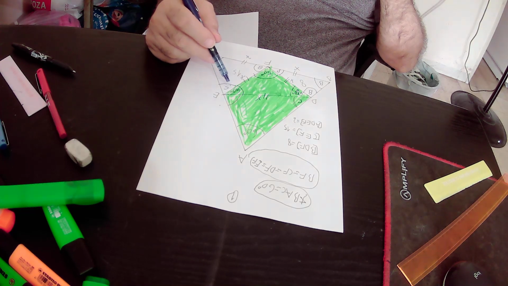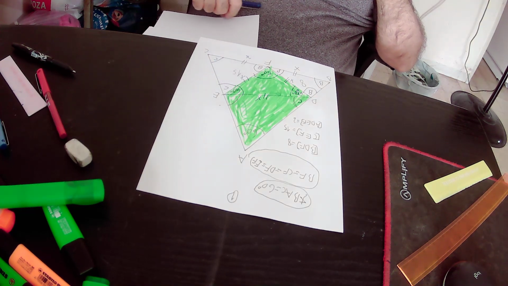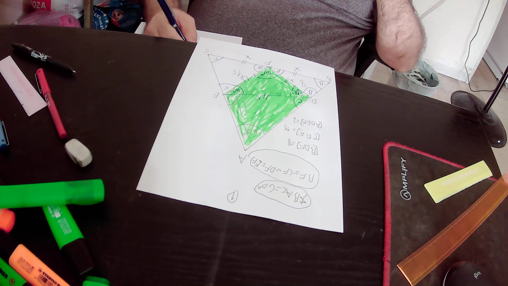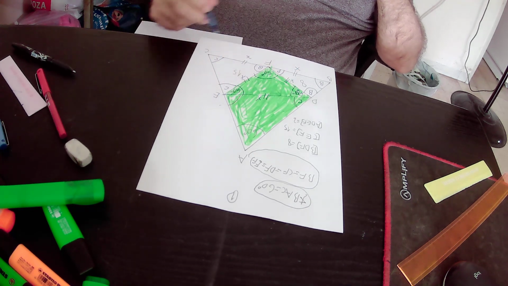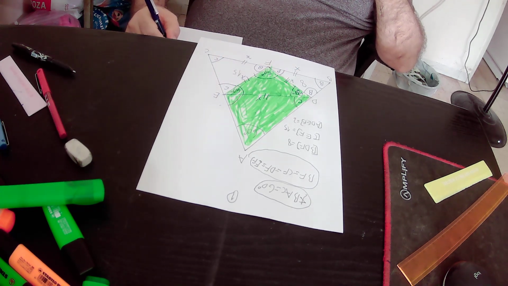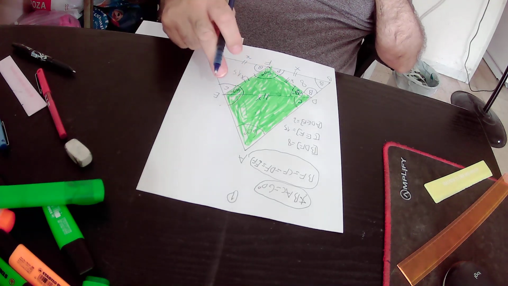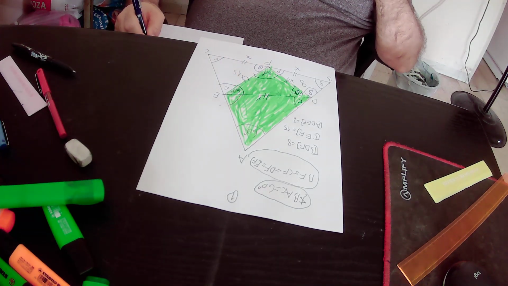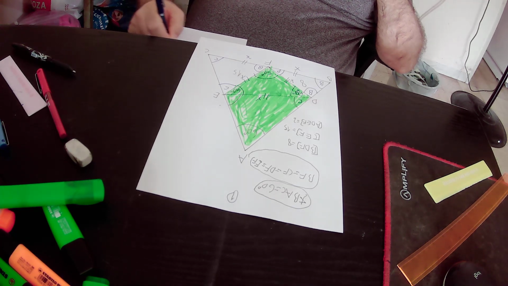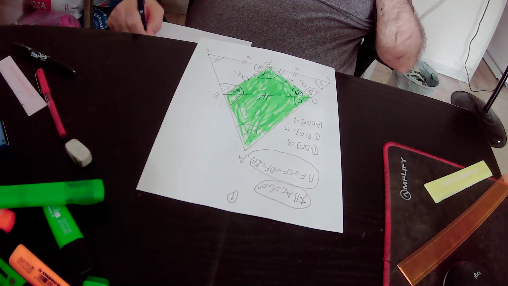So angle C plus 60 degrees plus angle AED must be equal to 180 degrees according to rule number 3, that states that the sum of the angles on a straight line equals 180 degrees.